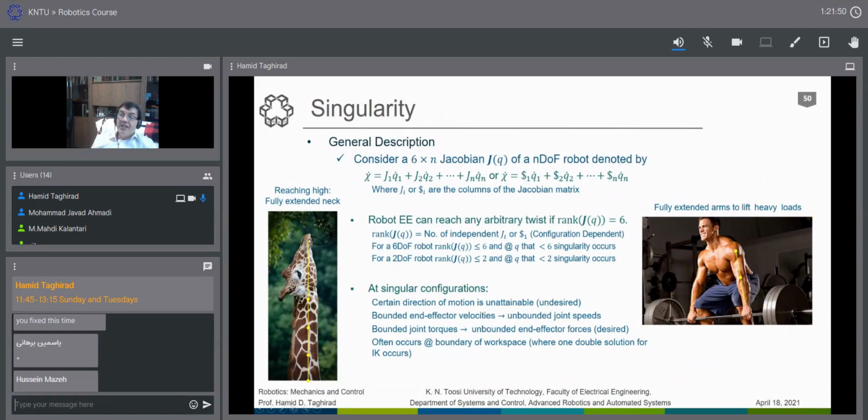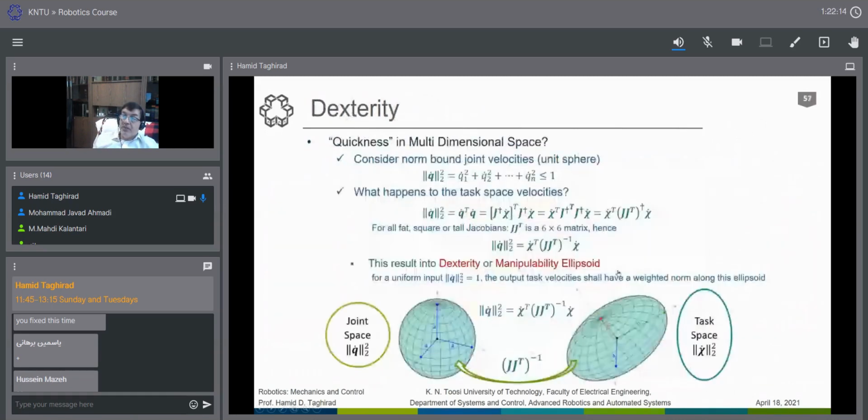What about motion? This means that at a singular point we cannot move a bit forward. It is not possible to go that way. So in the twist version, we have limitation in the speed or in the motion. In the force or wrench version, we can handle very large forces.